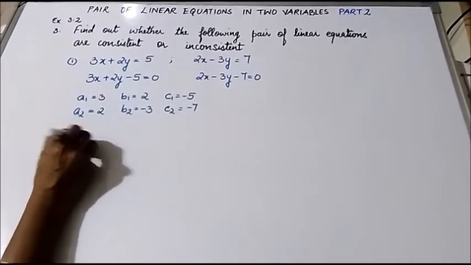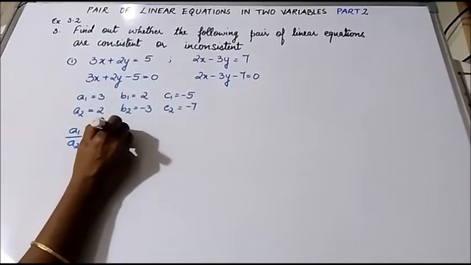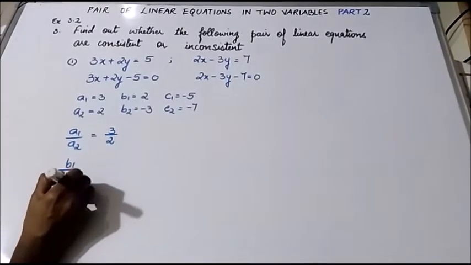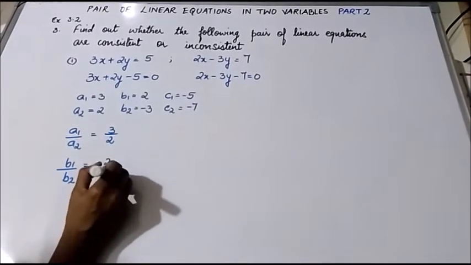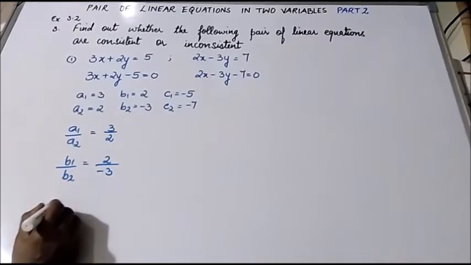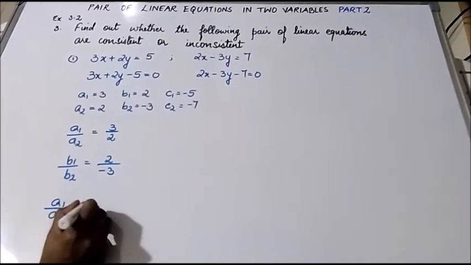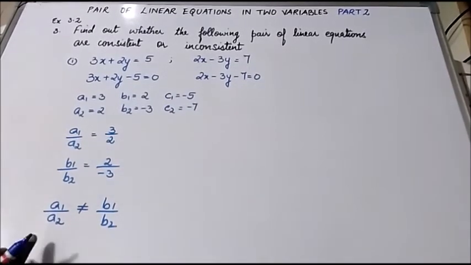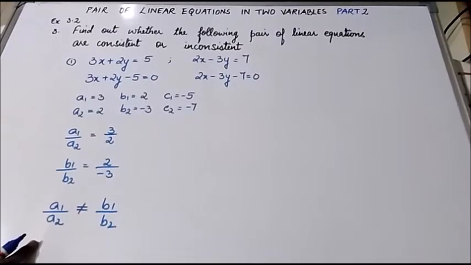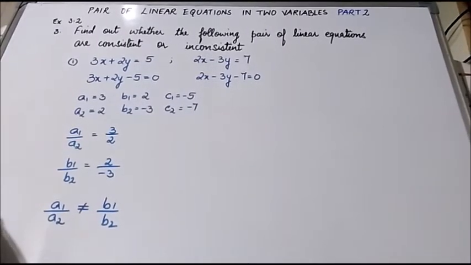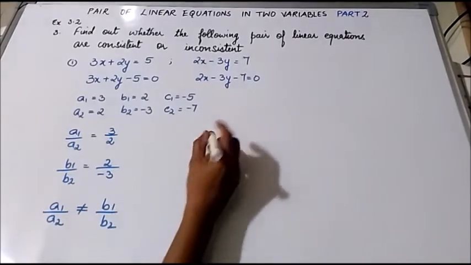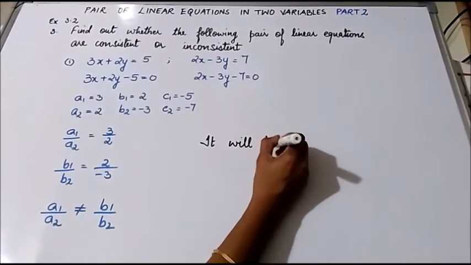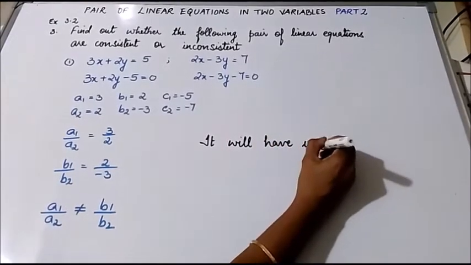So first let us find what is a1 by a2. a1 by a2 is equal to 3 by 2. b1 by b2, we have 2 divided by minus 3. Now as you see, both are not equal, that is a1 by a2 is not equal to b1 by b2. So in this case, the lines representing the linear equations will intersect each other at a unique point, so it has a unique solution.